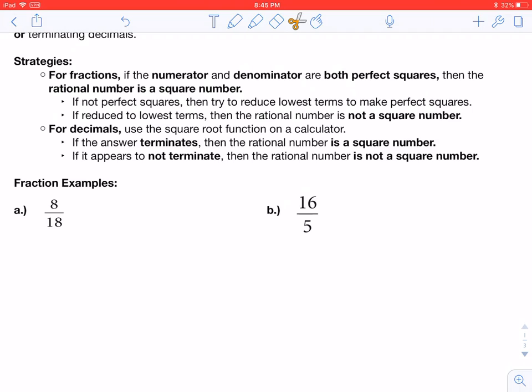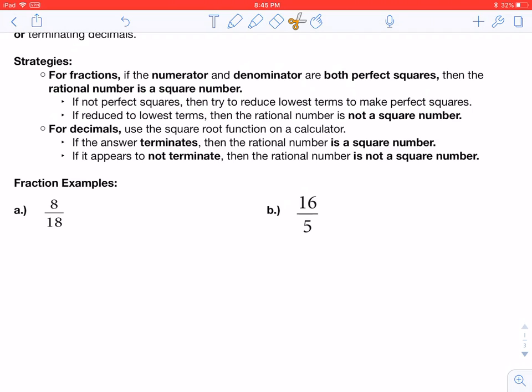However, if they are not perfect squares from the beginning, then you might want to reduce them to lowest terms, and it may be a perfect square. And if it's already reduced to lowest terms and you still don't find a perfect square in the numerator and denominator, then you can say that the number is not square.